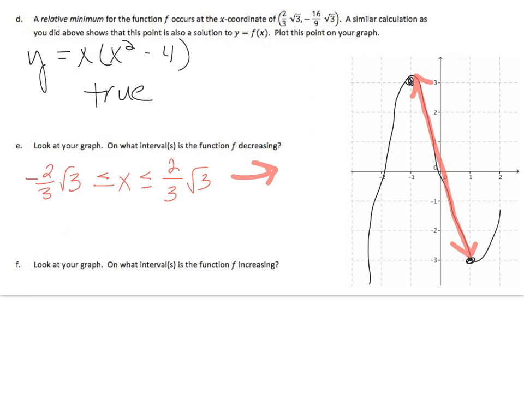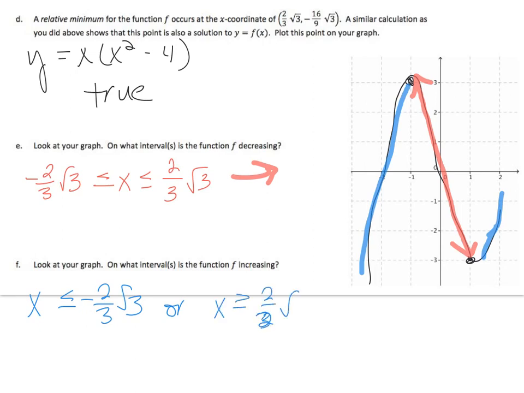Increasing would be from here and there. If I wrote it, I would have when x is smaller than negative 2/3 root 3, or when x is bigger than positive 2/3 root 3. I could also say from negative infinity to negative 2/3 root 3, or positive 2/3 root 3 to infinity.